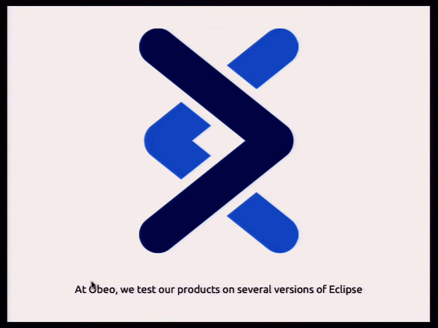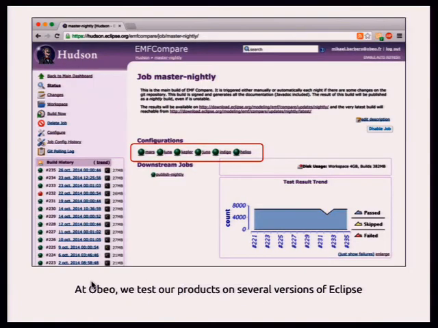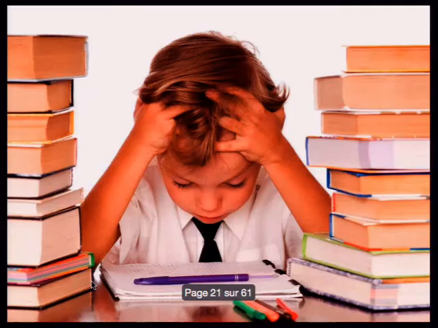But on EMF Compare, the project that I lead, we run all the tests and we compile the product on 6 different target platforms. So we have to manage that. We have to handle and update all of these target platforms. So we need a tool to help us in that way.